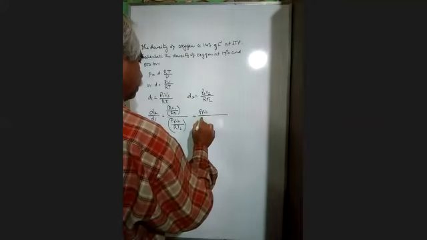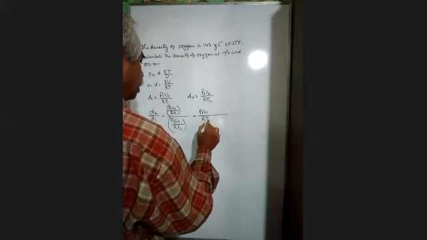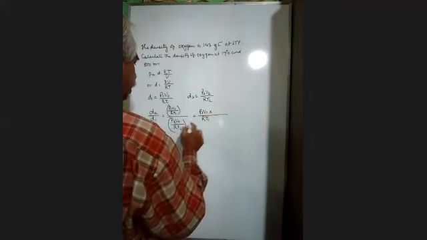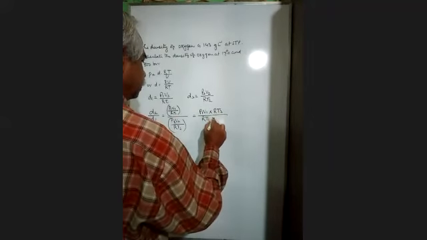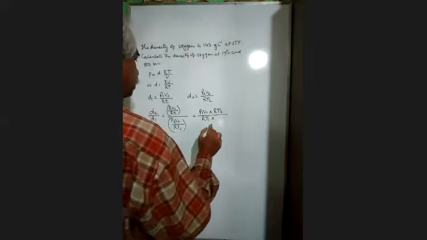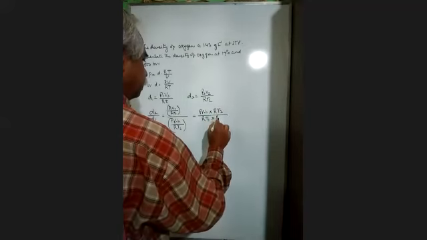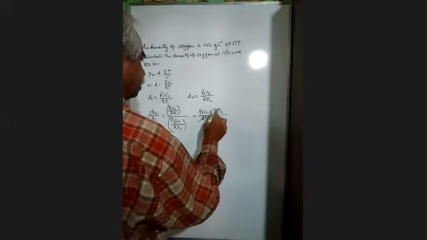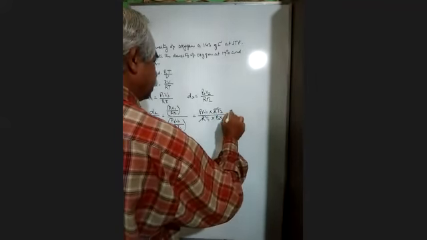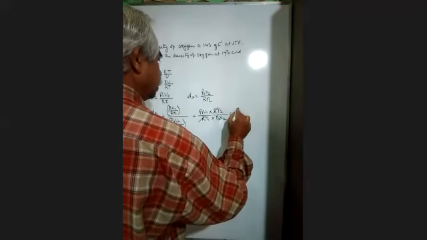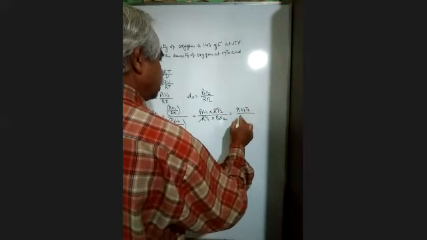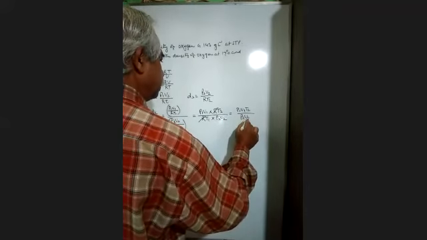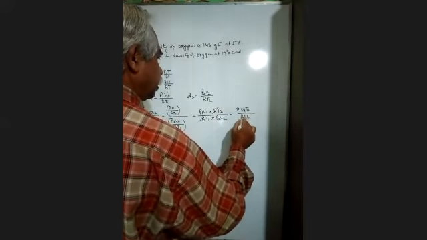It will be R T1, then this will go to the top, R T2, and this will be P2 V2. This and this get cancelled. Ultimately, what do you get here now? P1 V1 T2 by P2 V2 and T.